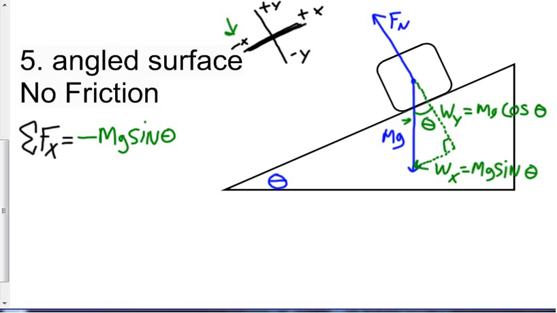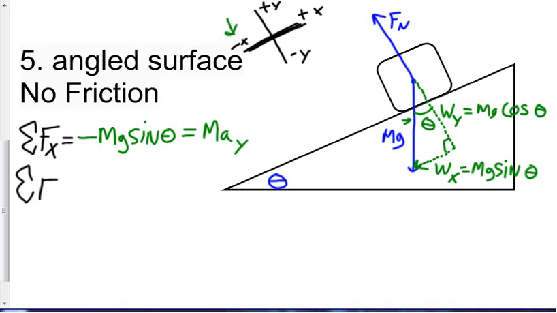No other forces acting in the x direction. That must equal mass times the acceleration in the x direction. Without friction, that box is going to accelerate down the incline. And if I knew what the weight of the box is and I knew what the angle was, I could calculate that acceleration. Need some practice on that, I understand.